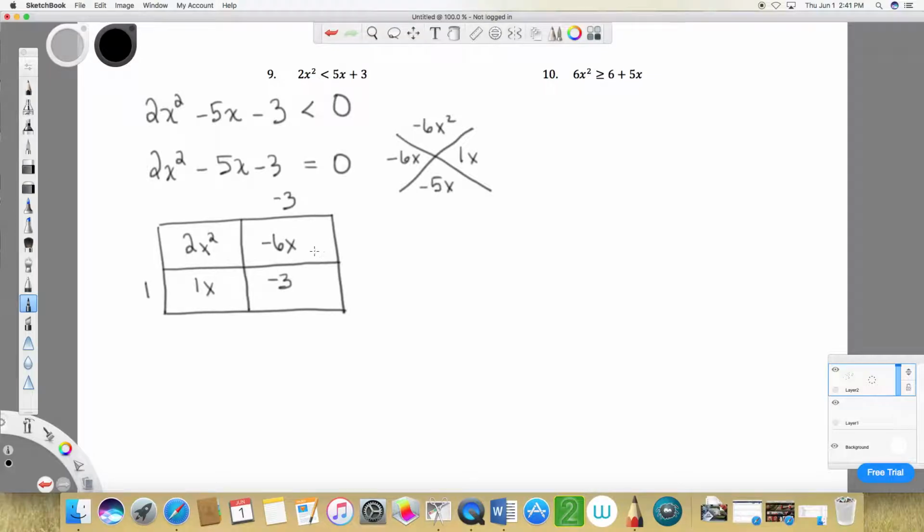The table also allows us to see when we're done: if you multiply these together and get the inside of the table, you know you have factored it correctly. So the 2x times 1x gives me 2x squared, and 2x times negative 3. Everything looks to be checking.